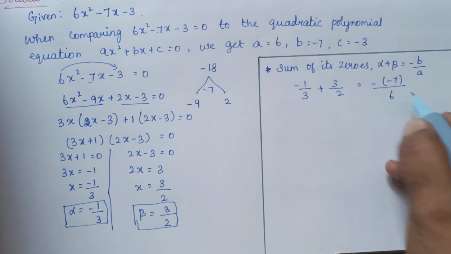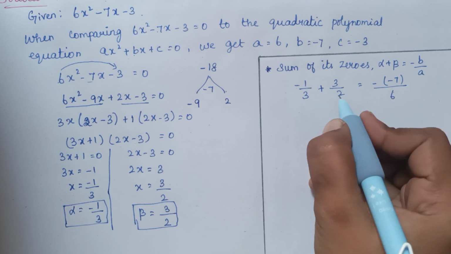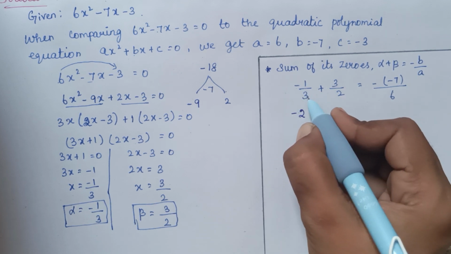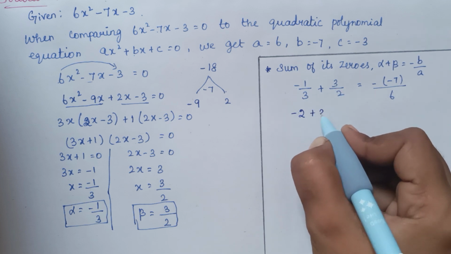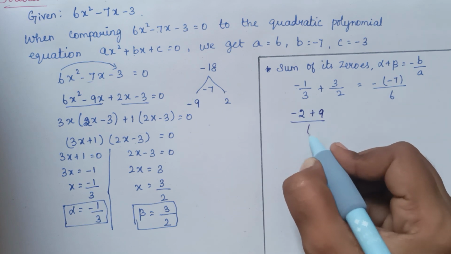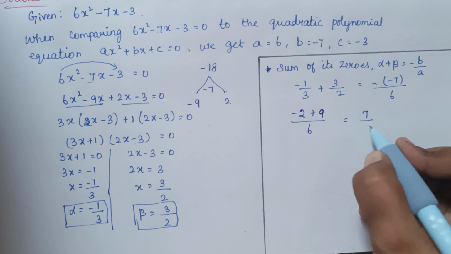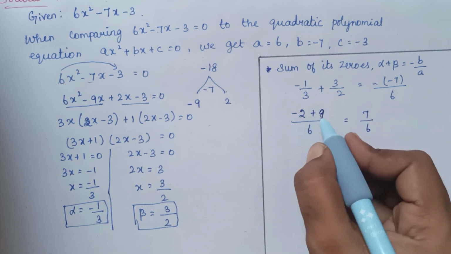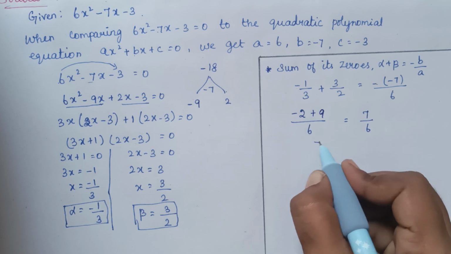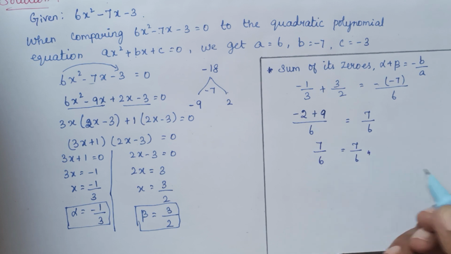A value is 6. Now cross multiply this. Minus 1 into 2 minus 2, 3 into 3 plus 3 3s are 9 divided by 3 2s are 6 is equal to minus into minus plus 7 by 6. So minus 2 plus 9, 7 by 6 is equal to 7 by 6. So the answer is equal.